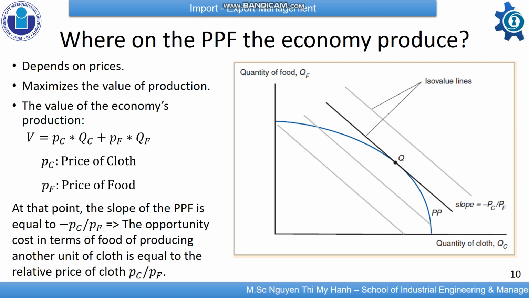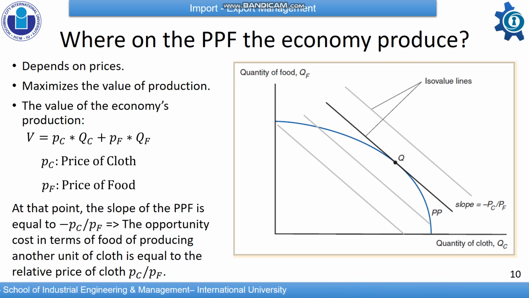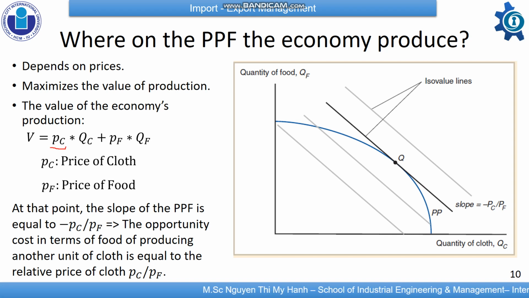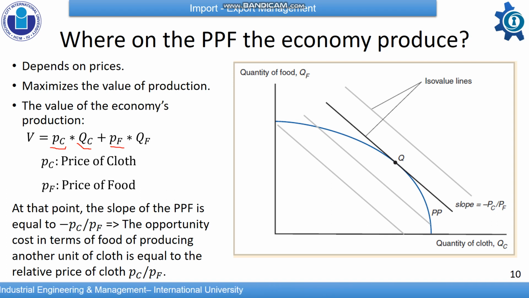Where on the PPF the economy will produce depends on the price, and they will find the point that maximizes the value of production. The value of production is measured by the price of cloth times the quantity of cloth plus the price of food times the quantity of food. So this is like the revenue.